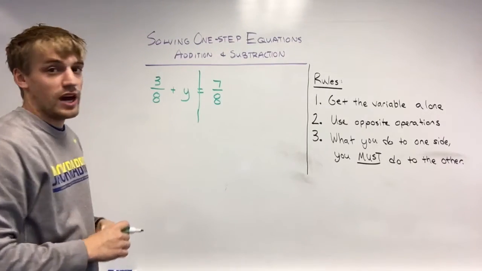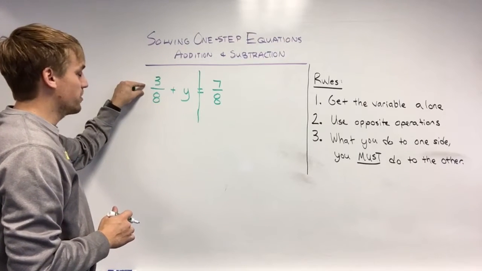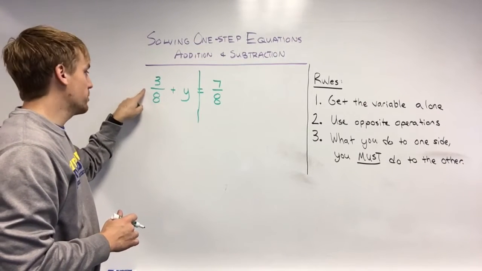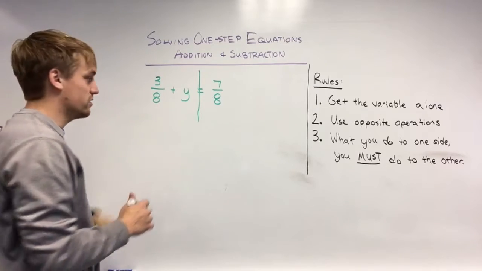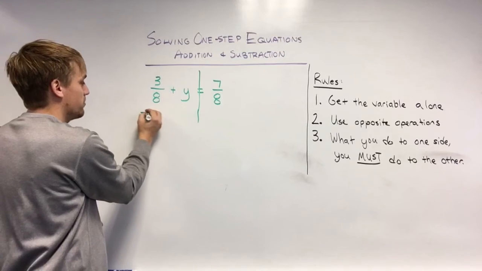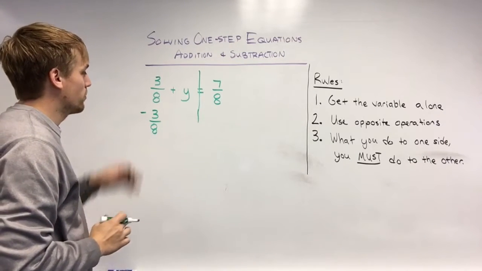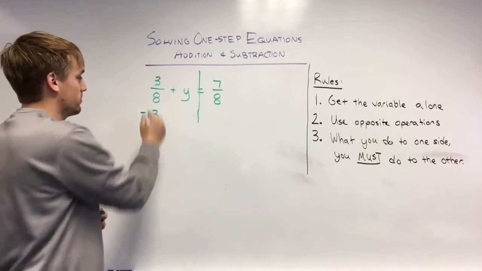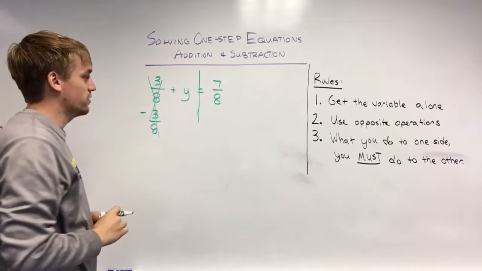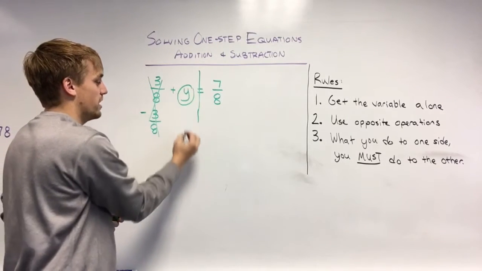So we need to do the opposite of 3a, and this is a positive number because there's nothing in front of it. If this was negative, there'd be a negative sign here, but it's not, so it's positive. So we need to do the opposite of 3a, which is negative 3a. 3a minus 3a is 0, so that goes away. And we have a positive y, which means y is all by itself.